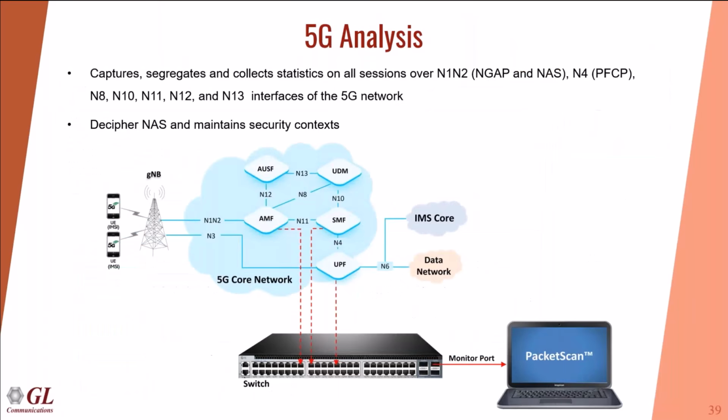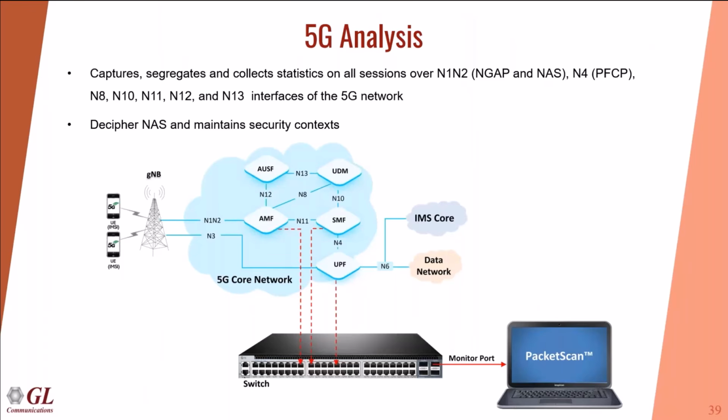Till now we were looking at the emulation capabilities. As Karthik discussed earlier, we also have 5G analysis where we can mirror all the 5G traffic to a switch, and using our packet scan, we can collect all the signaling, and we can segregate the signaling messages into calls, and we can even decipher NAS and maintain security context.